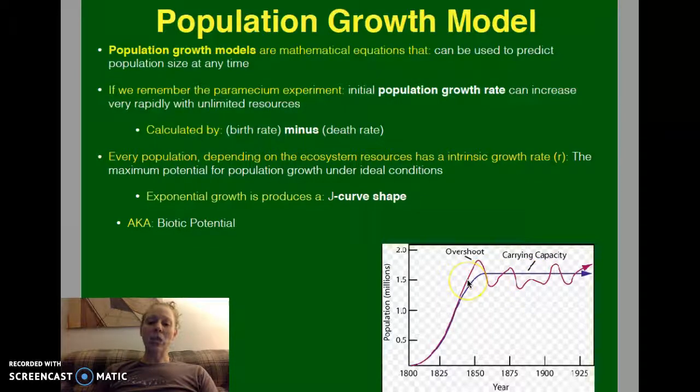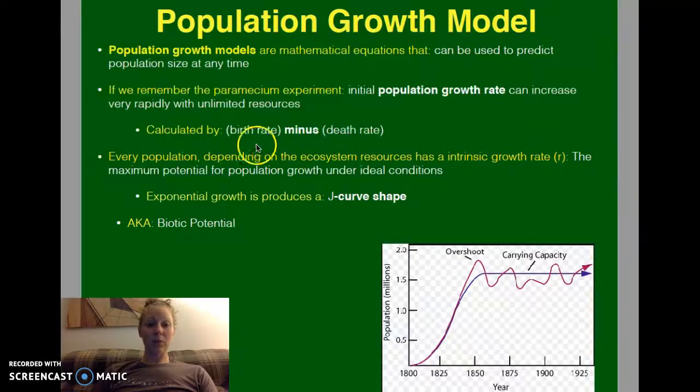The biotic potential is measured here. This is the amount of growth that is allowed by the ecosystem, the potential amount of growth in the model determined by the resources in the ecosystem. We calculate the population growth by subtracting the death rate from the birth rate.